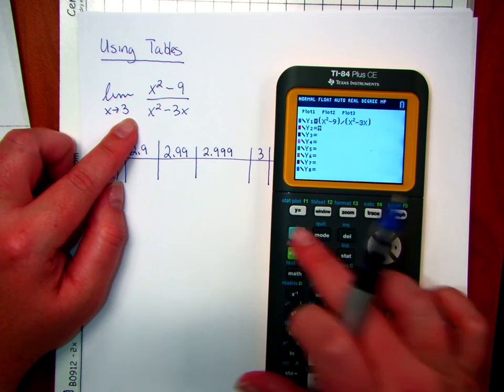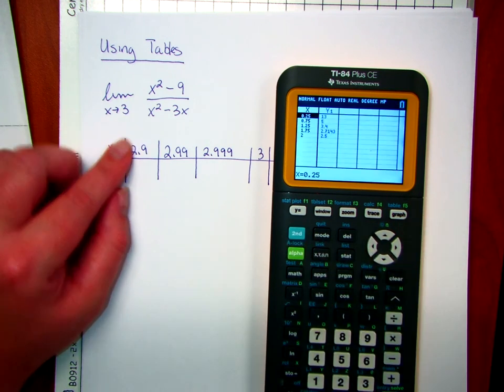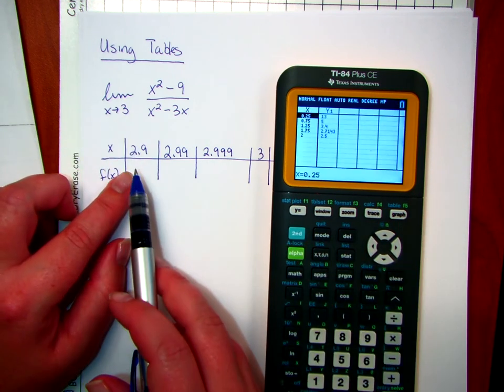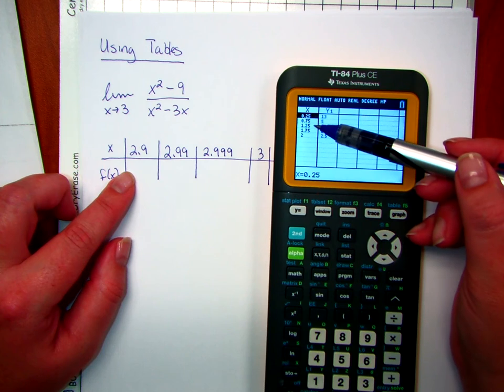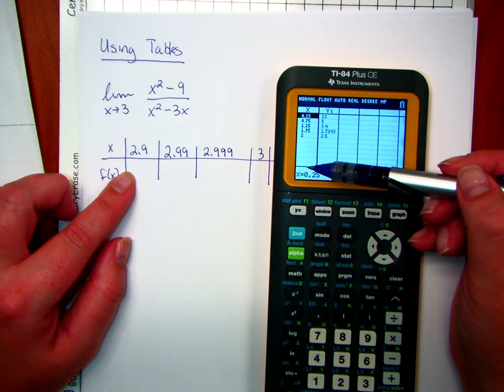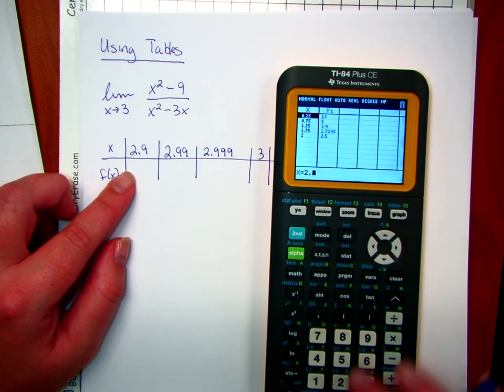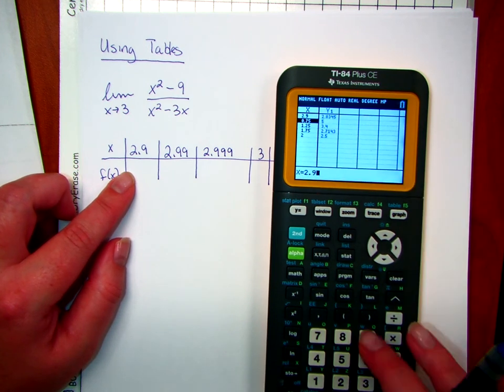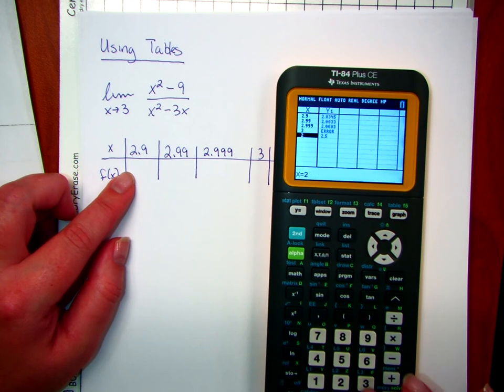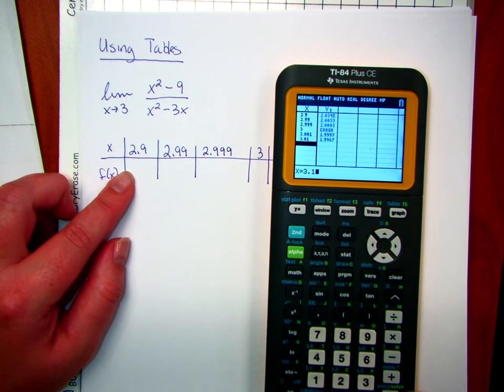So I'm going to go to the table and I'm going to plug these values in there. So in the table, remember, if there's numbers there, you just type over them. So I'm just going to plug in 2.9, 2.99, 2.999, 3, 3.001, 3.01, 3.1. Okay.